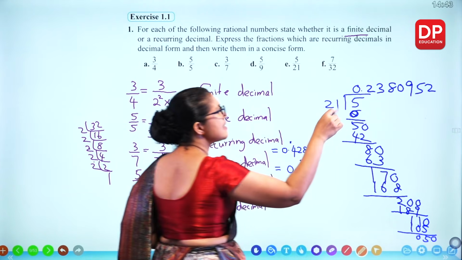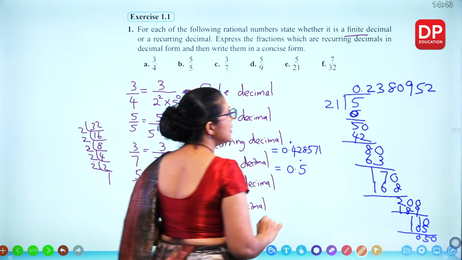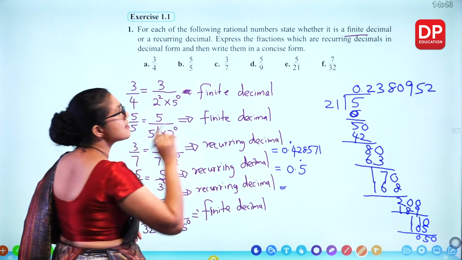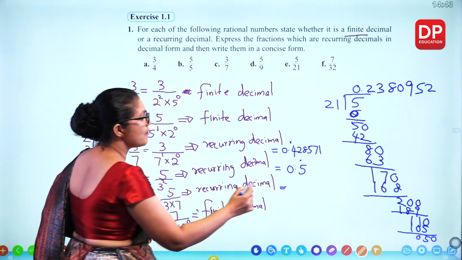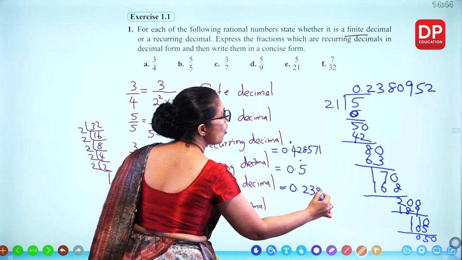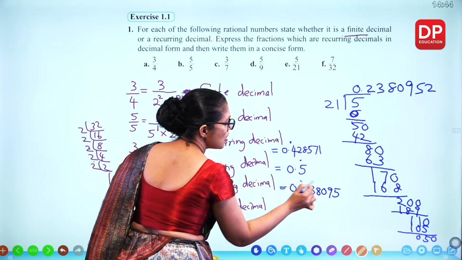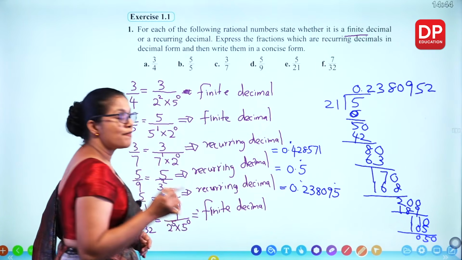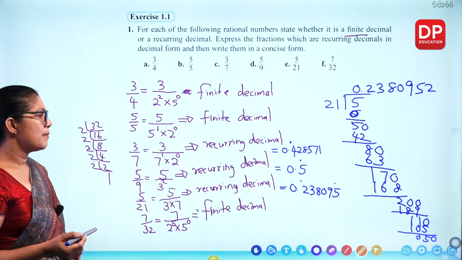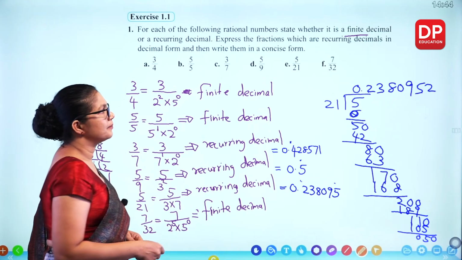So that means this number repeating from here to here. So how can we write as concise form? We can write 0.238095. We can put 2 dots above the first decimal place and the last decimal place. So that means the whole set is repeating.